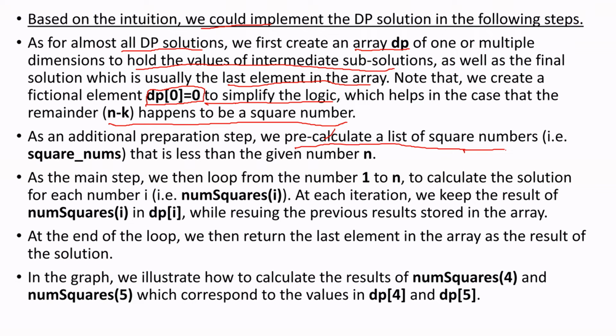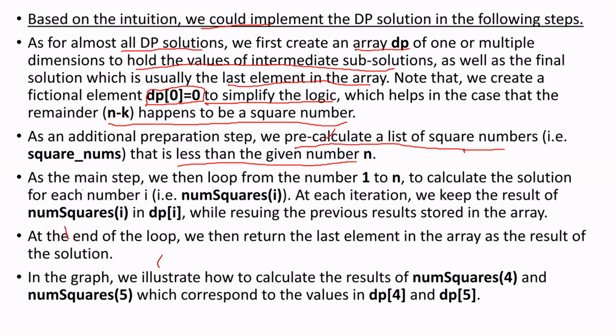A list of square numbers, so that we will take as a square num, and which is less than the given number, right?